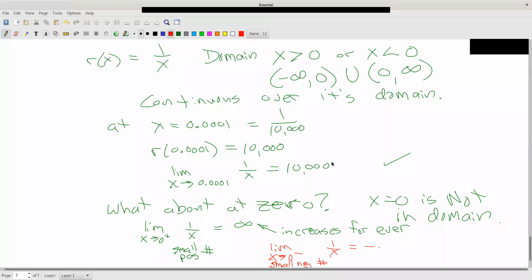So basically you're decreasing forever, getting away from 0 on the other side. And does this exist? Remember, this is just a fancy way of saying does not exist. I'm saying the limit does not exist, but it increases forever. Here I'm saying the limit does not exist, but it decreases forever.